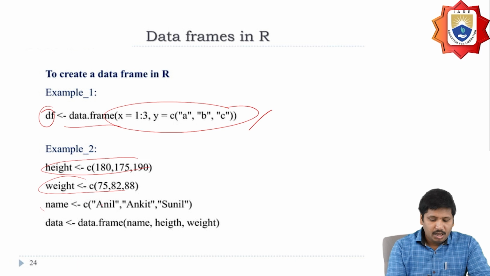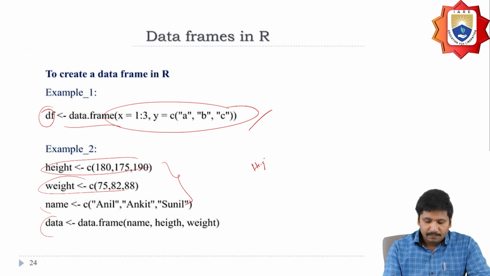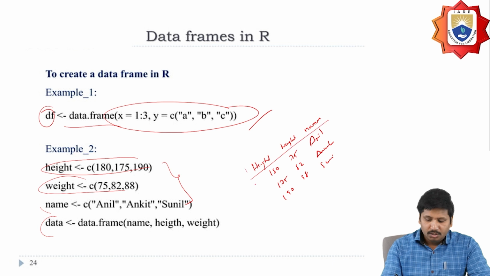So example 2 is height, weight, name and date. With data.frame, I can combine all of these as height, weight and name. This should be the table. Names are Anil, Ankit, and so on.